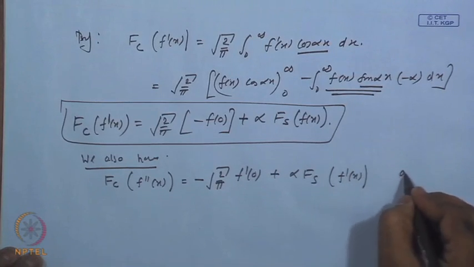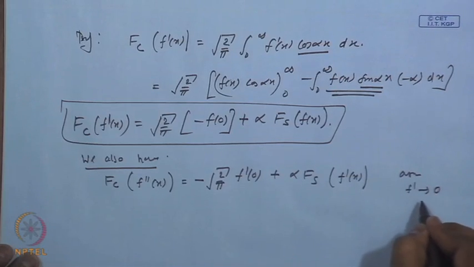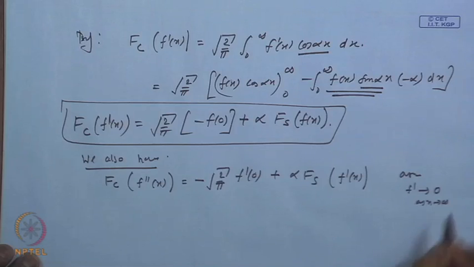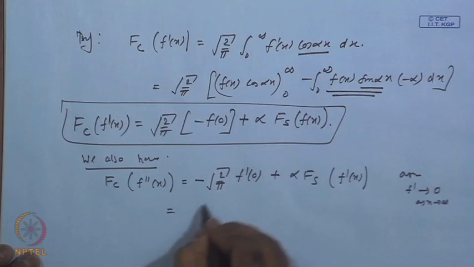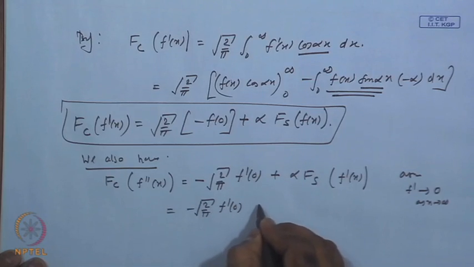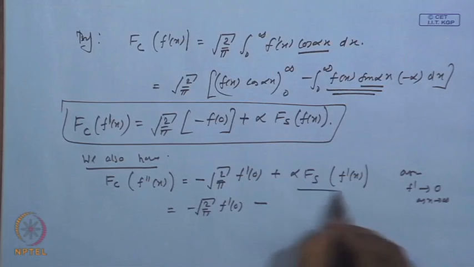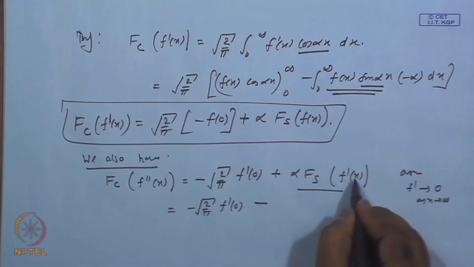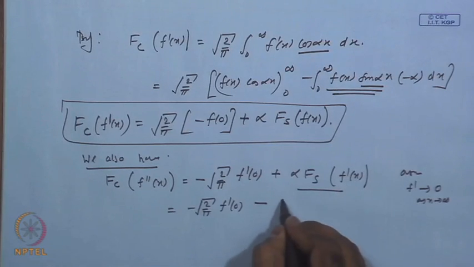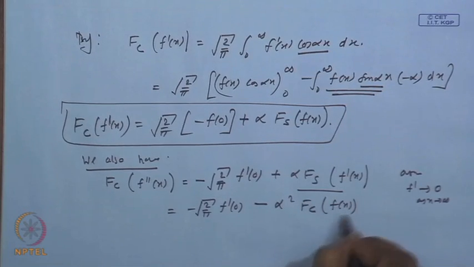Now we assume here, in addition, that f'(x) also goes to 0 as x goes to infinity, and only then will we get this. We will see in a minute that F_s of f' is minus alpha square, and the cosine transform we will get F_c of f(x).